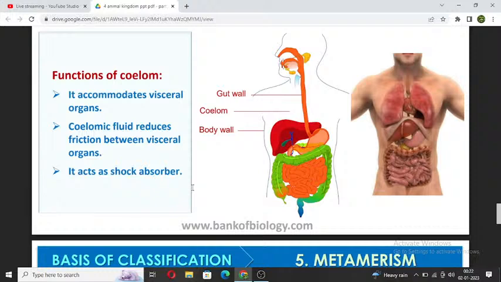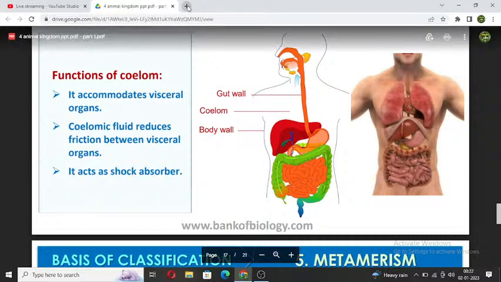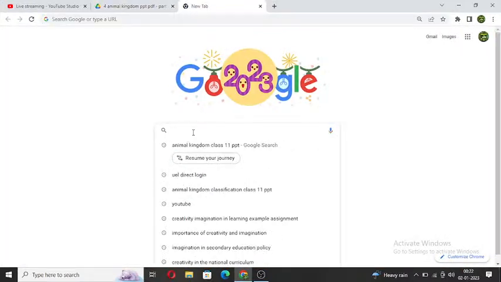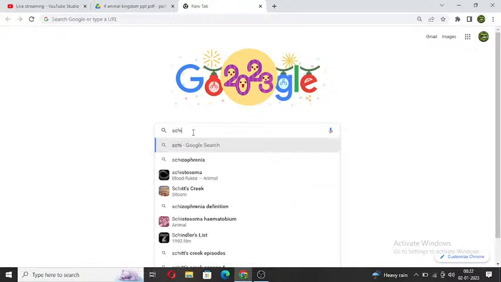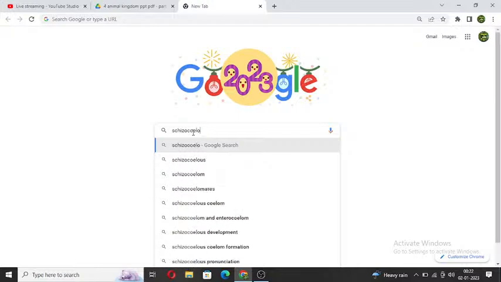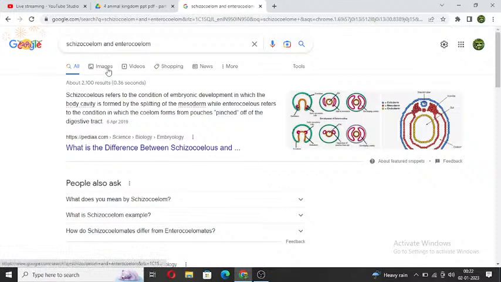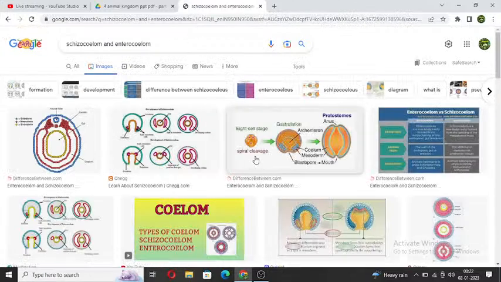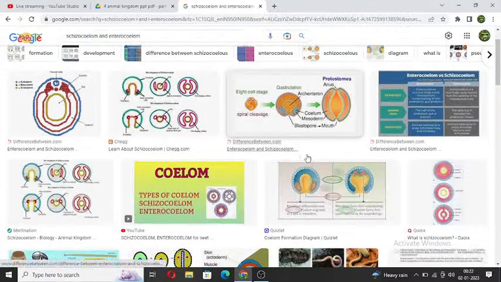Under eucoelomate, organisms are classified into two: schizocoelom and enterocoelom. I just want to show you the picture of this schizocoelom and enterocoelom.